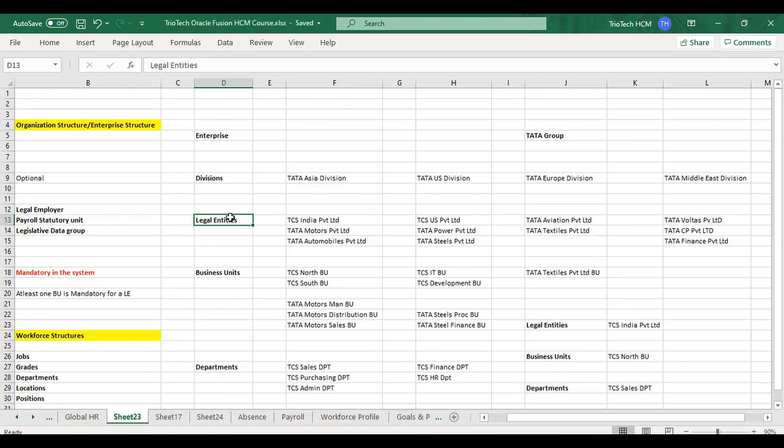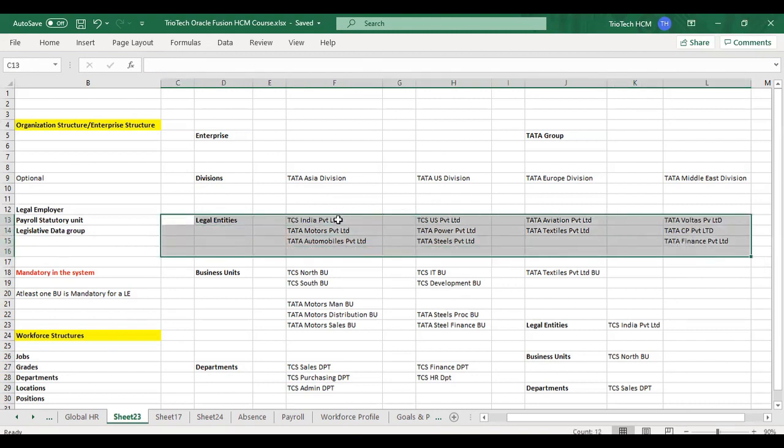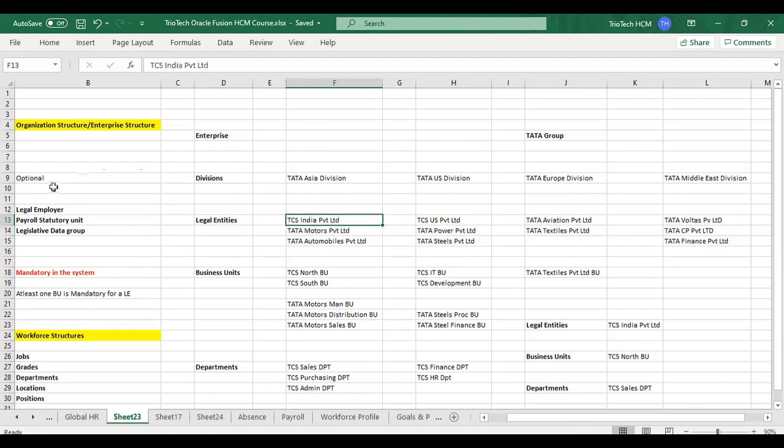What is a legal entity? I was telling you. A legal entity is nothing but the actual registered companies of our client. Whenever you are configuring the legal entities in the system, you should also define that legal entity as a legal employer. What is a legal employer?